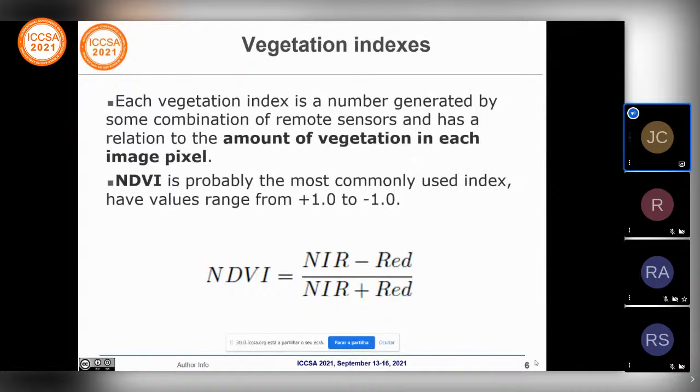It is calculated as the difference between near infrared and red reflectance divided by the sum of the two reflectances, as shown in this equation. Increasing positive NDVI values indicate an increase in green vegetation. Conversely, NDVI values near zero and decreasing negative values indicate non-vegetated features, such as barren surfaces, water, snow, ice, and clouds.